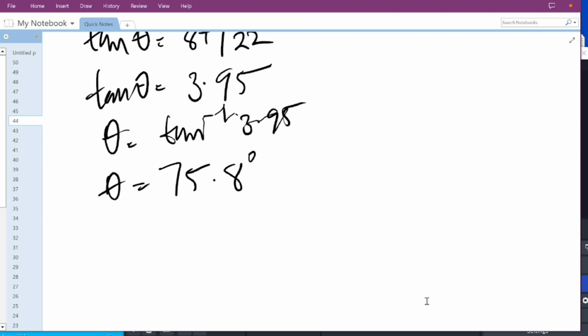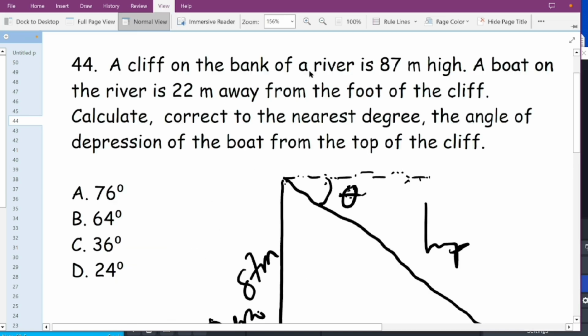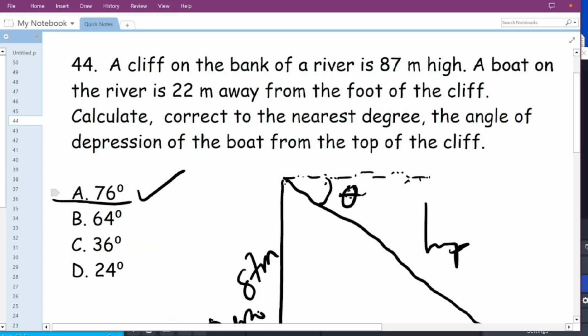Our answer to the nearest degree as demanded by the question is 76 degrees, because we are trying to make it to the nearest whole number. When we want to take away this 8 through approximation, we add 1 to the number in front of it. You now have 76 degrees. Our answer is therefore A, 76 degrees.